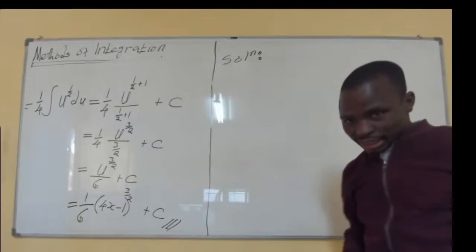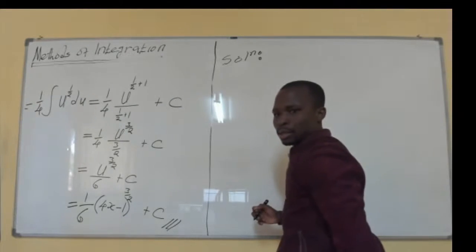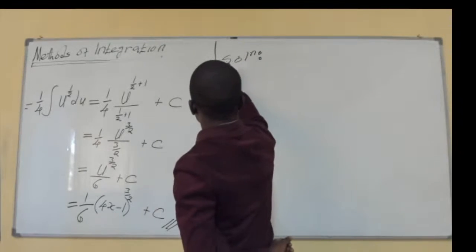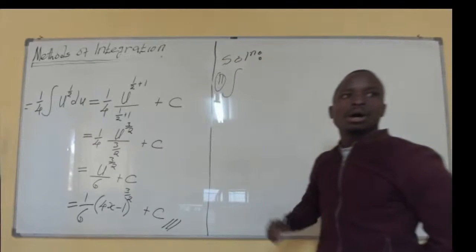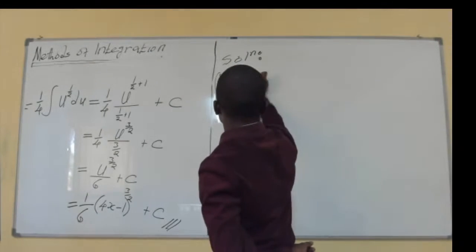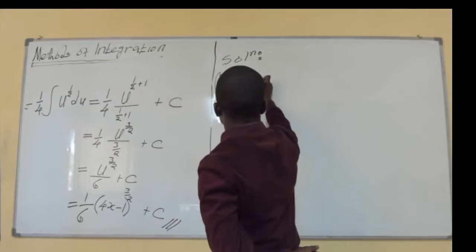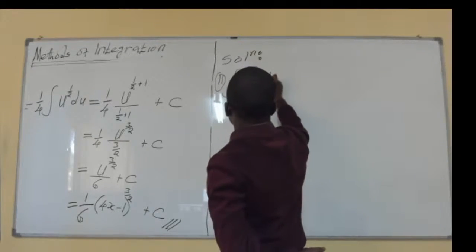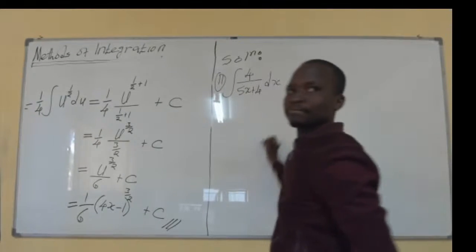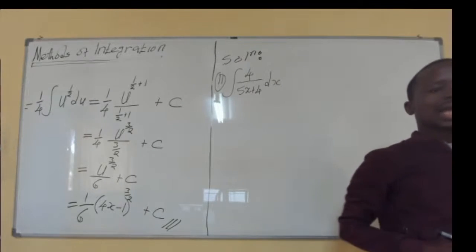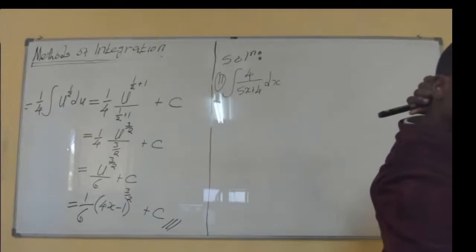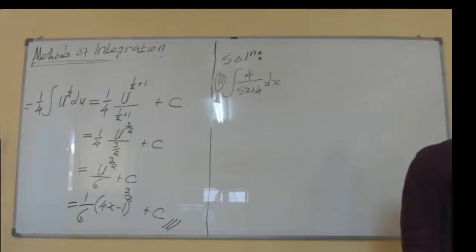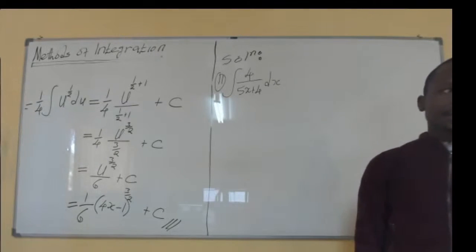Part 2 is asking us to find the integral of 4 divided by 5x plus 4 dx. They're asking us to find the integral of the function 4 over 5x plus 4 dx.